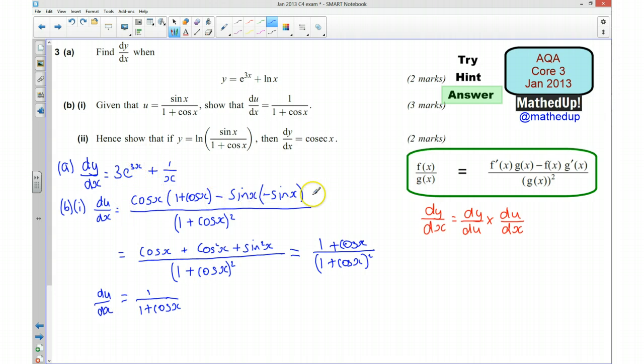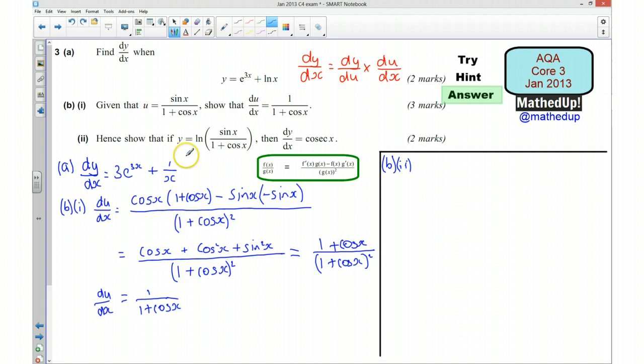Okay, so B part 2, I'm just going to tidy up my area here a bit. Okay, for the second part of this question, I've got y is equal to the ln of sin x over 1 plus cos x, and we need to show that dy by dx is equal to cosec x.